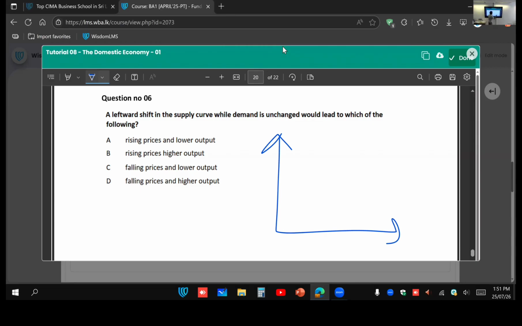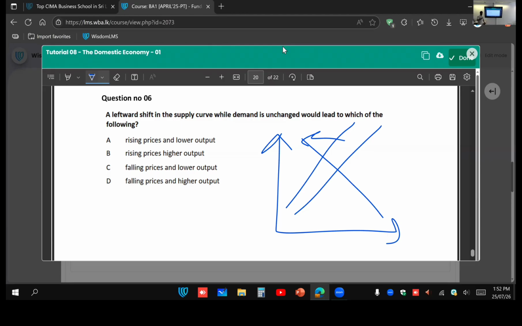This is right. Okay. Leftward shift in the supply curve while demand is unchanged. I'll draw demand as well. Demand unchanged. So leftward shift is this, to this side. Unchanged would lead to which of the following?